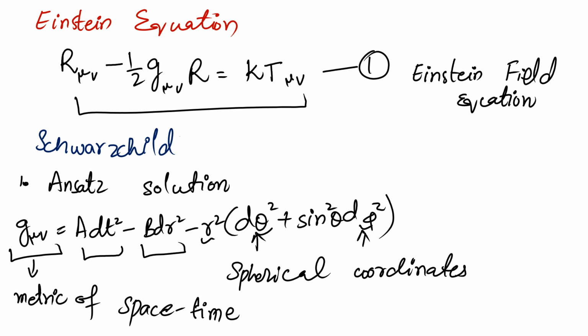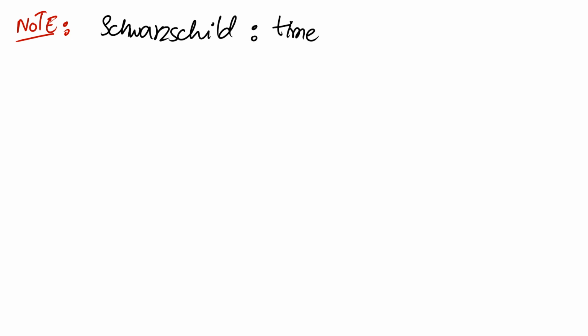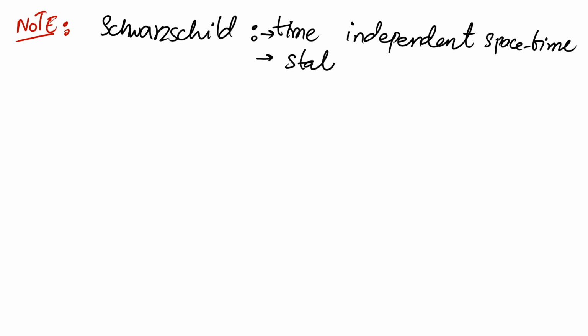One important thing to note is that this Schwarzschild solution is time independent. It is a time-independent space-time equation, and that is the first point. The second point is that it is static.